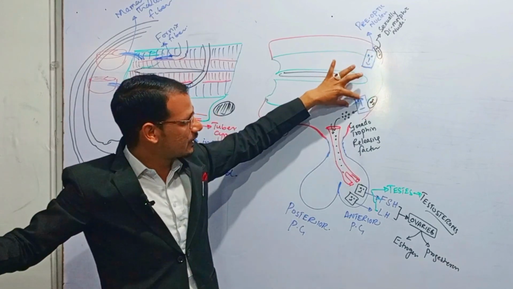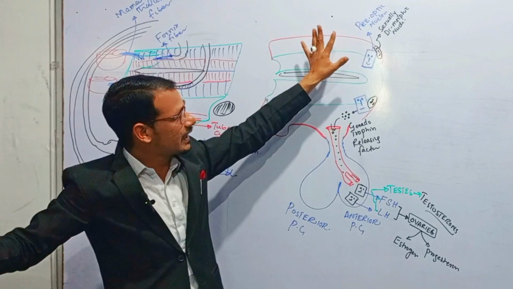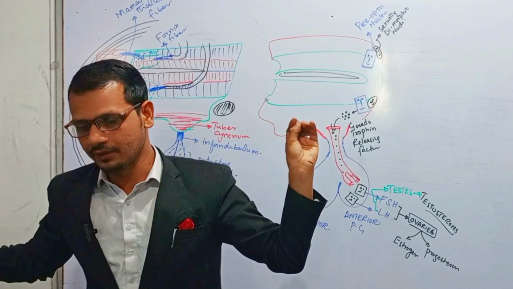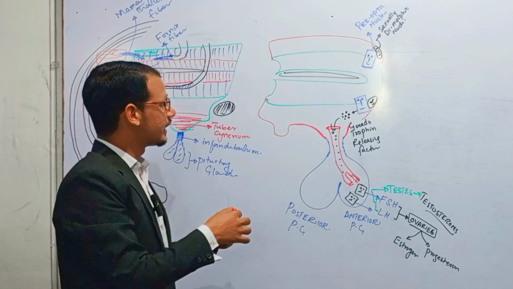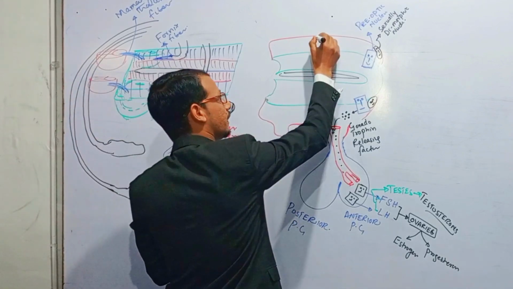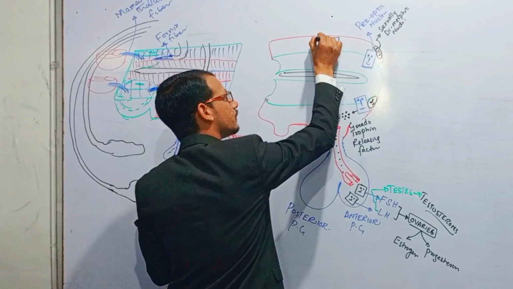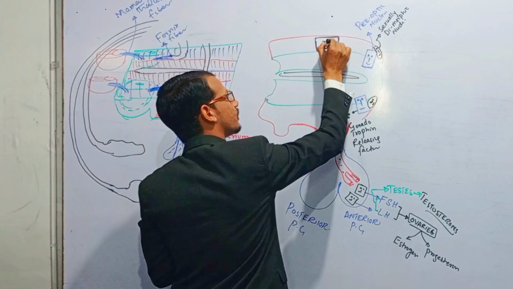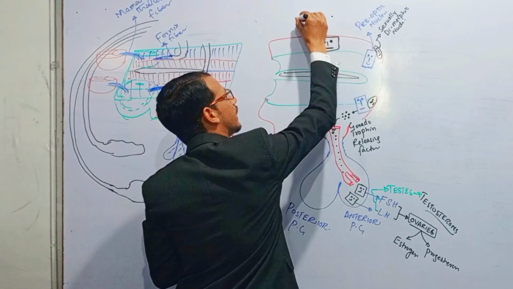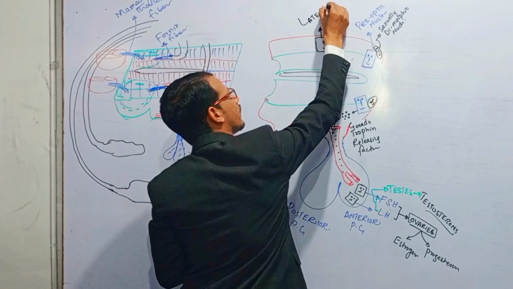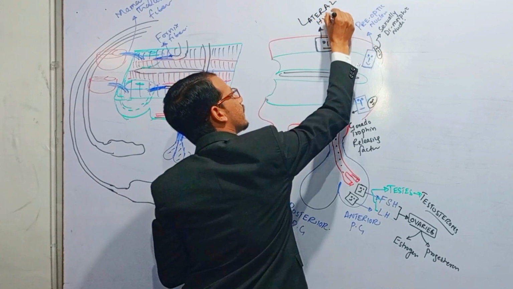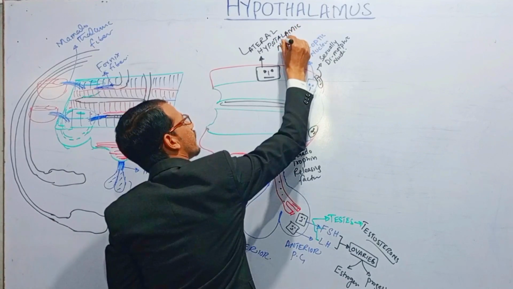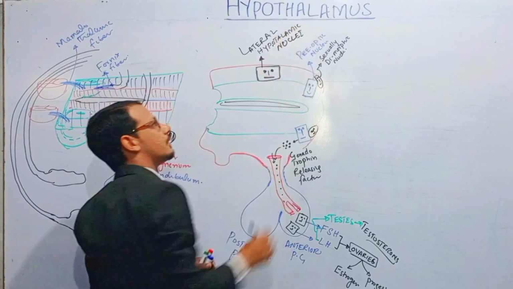So these are the preoptic and sexually dimorphic nuclei, which are important nuclei of the lateral hypothalamus. The third important nuclei present in the lateral hypothalamus is called the lateral hypothalamic nuclei, right?